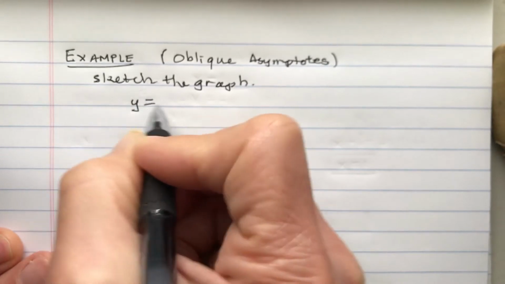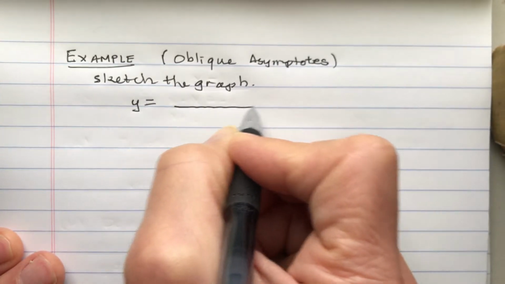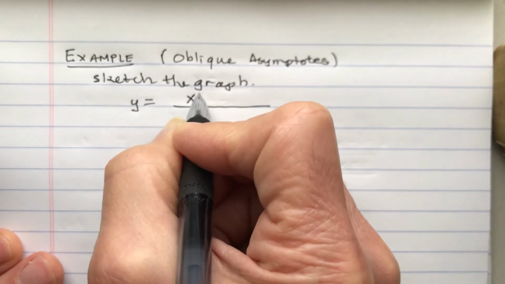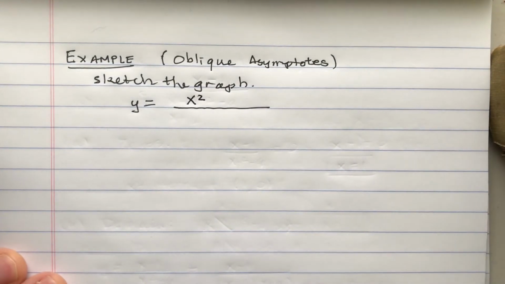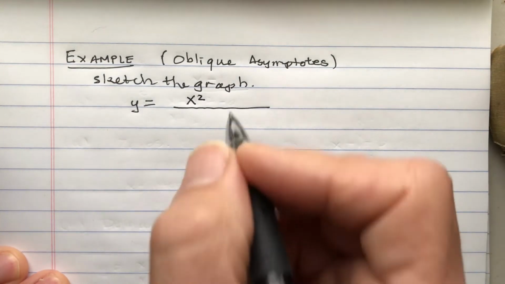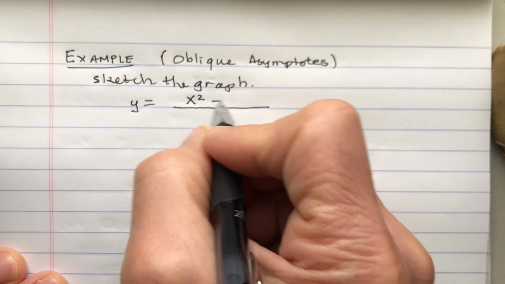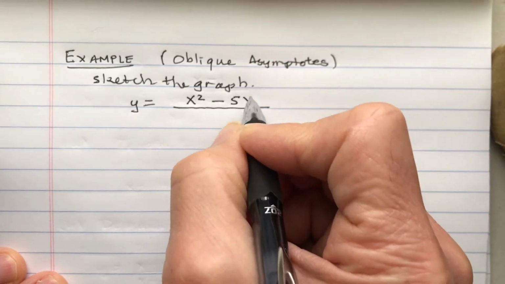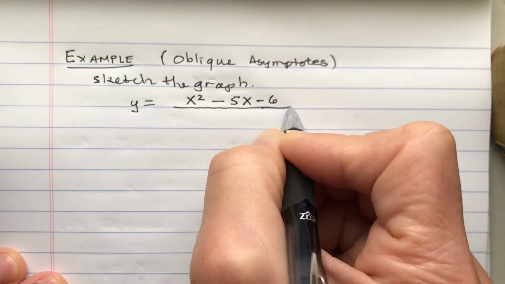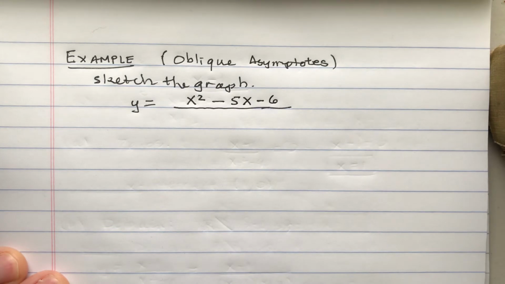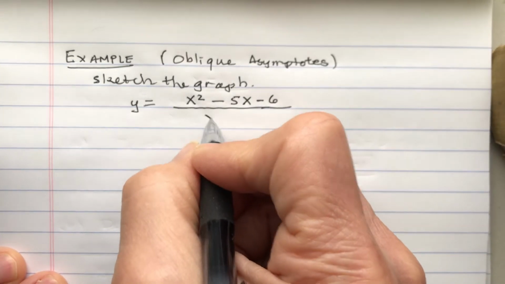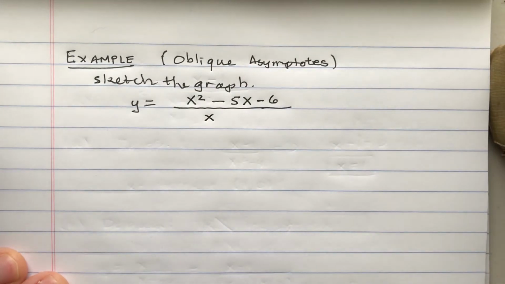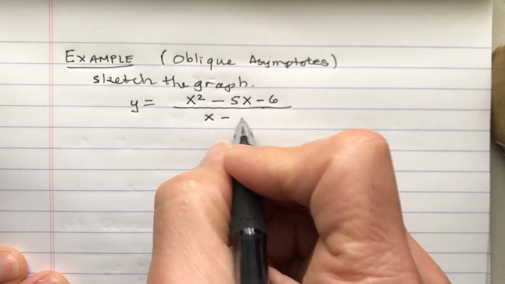I will look at this function here, y equals x squared minus 5x minus 6 divided by x minus 2.